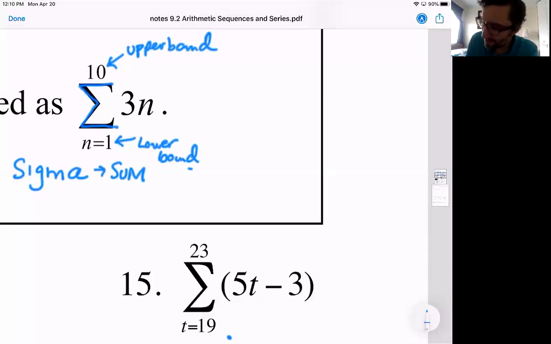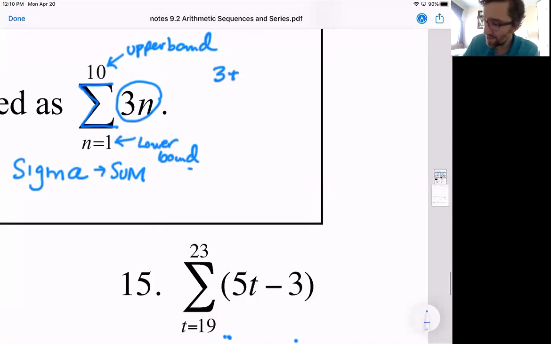And then this quantity right here, 3n, tells you how to generate the next term. So if we start with the first term, we plug 1 in, 3 times n is 3. And then we're going to plug in 2, right? We're going to plug in numbers all the way until we get to 10.